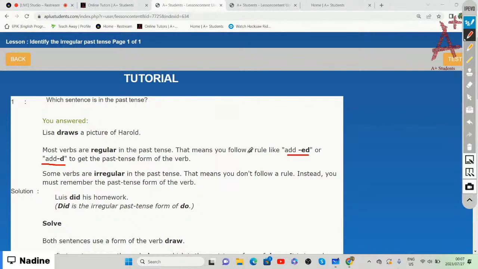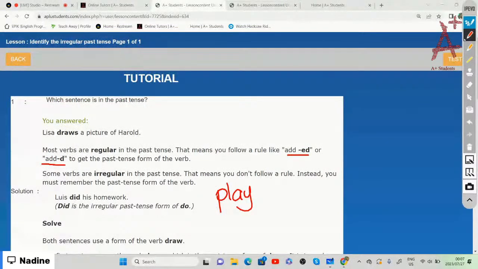For example, the one I mentioned was play. Play is a regular verb, which makes it easier because we just follow the rule, and in the regular past tense it's just by adding an ed and it becomes played, right?